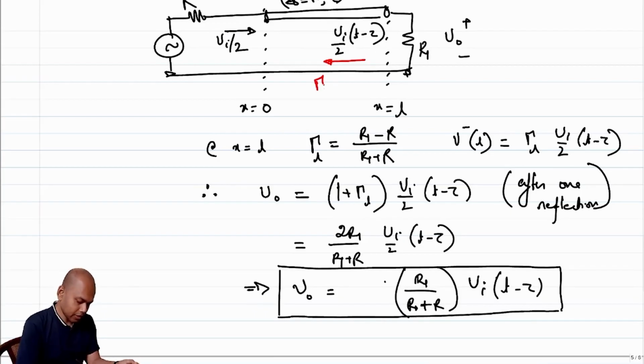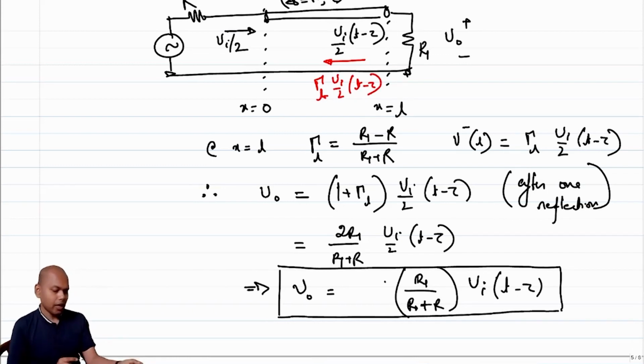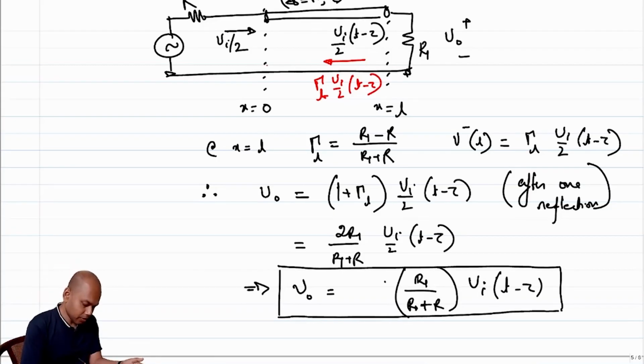The V minus is essentially gamma L times Vi by 2 (t minus tau), and after an additional time duration of tau, that is after 2 tau from the time it was launched, it is going to reach x equal to 0, right? So once it reaches x equal to 0, this will be gamma L Vi by 2 (t minus 2 tau), right?